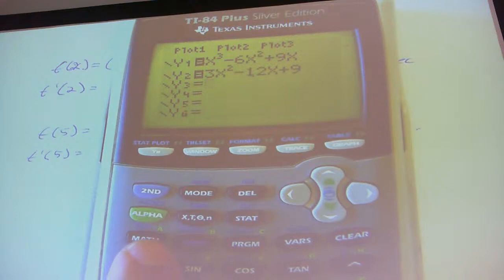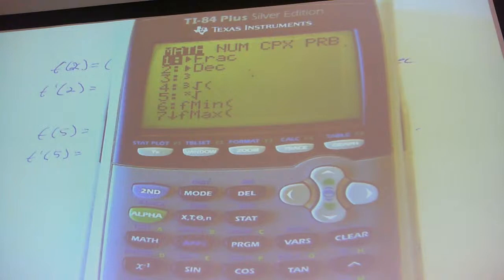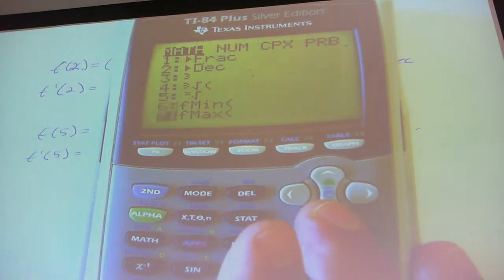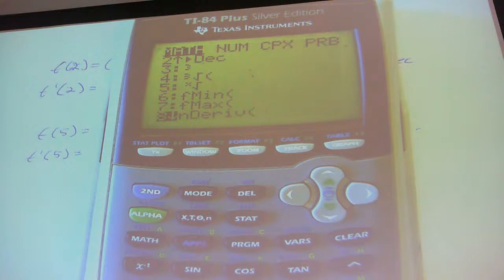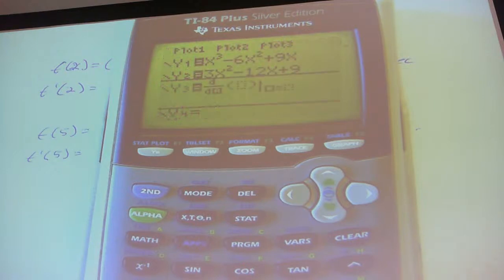Math is all the way on the left. Everybody see this? After pushing math, I want you to go down to number 8. What does number 8 say? nDeriv, which basically means derivative. So choose number 8.